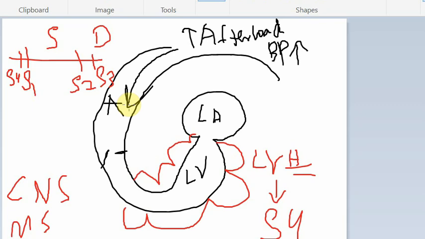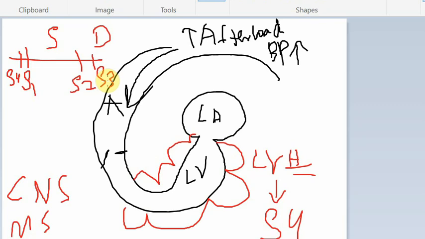Maybe you could notice that between the first sound and the second sound, there is like a little bit of a period. And then between the second sound and the third sound, it happens really quickly. It's like this. So between the S2 and the S3, there is almost no pause, which tells you that this is an S3 because it's near the S2.